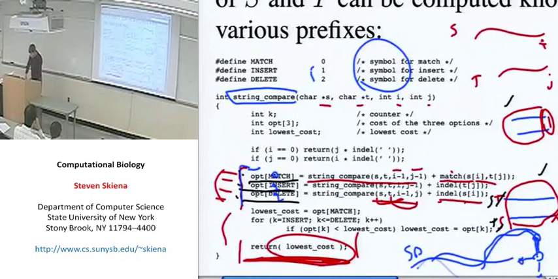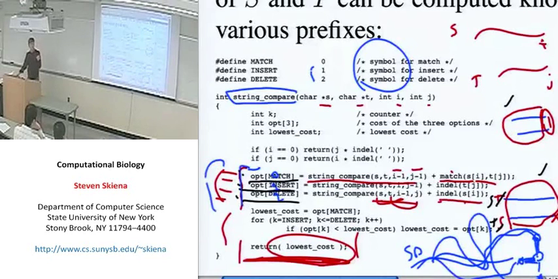Or it was the optimal way to get to here plus the cost of that last leg, right? Or it was the optimal way of getting from there to here and getting to that last leg, right? The cheaper of these three is the cheapest way to go, and that is exactly what I'm doing here.